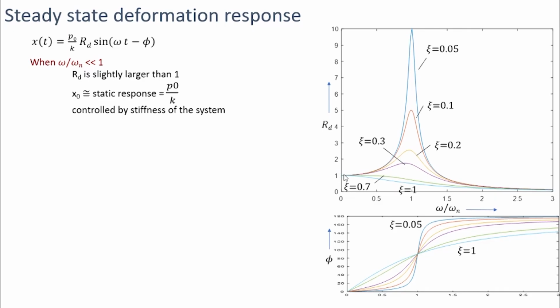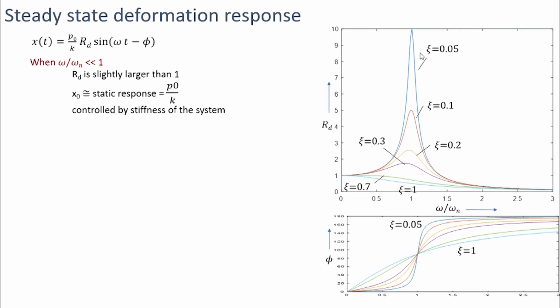We have seen that when the forcing frequency is equal to 0, or the frequency ratio is close to 0, this factor Rd is equal to 1, and the static response will be equal to the dynamic steady state response.